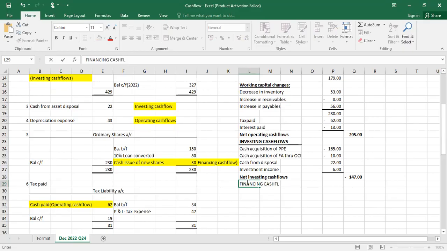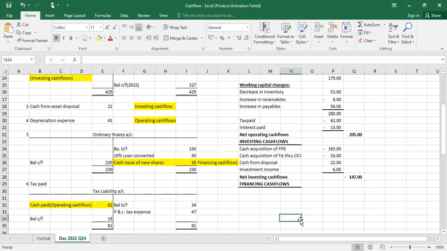The last category of cash flows, we then have financing cash flows. The financing cash flows are which cash flows?